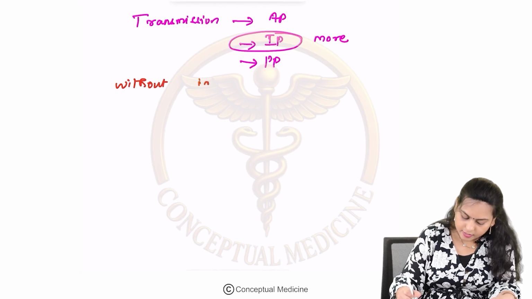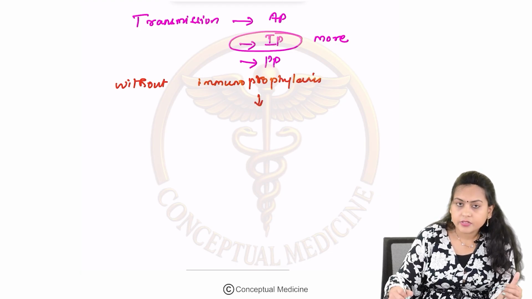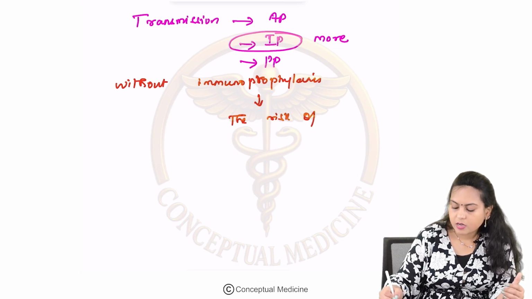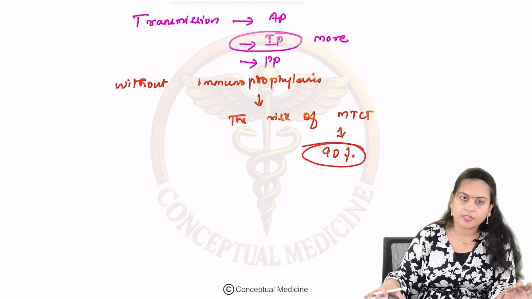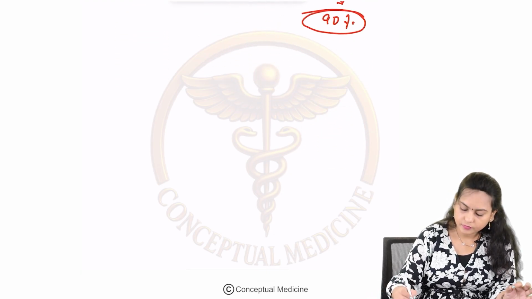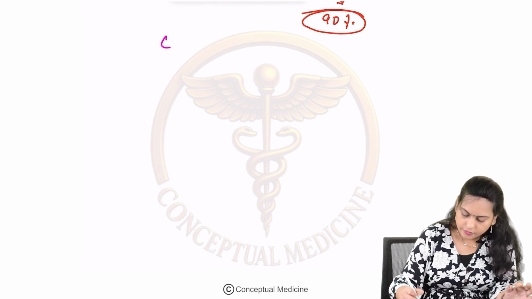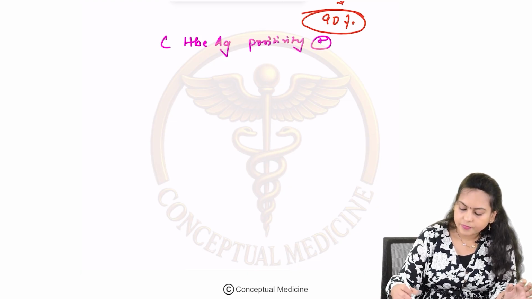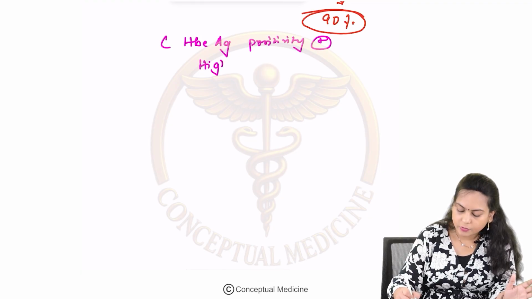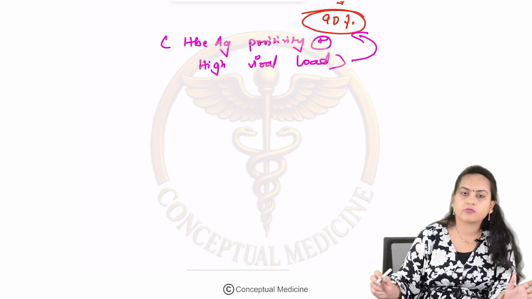Without immunoprophylaxis, the risk of mother to child transmission can be as high as 90%. If there is HBeAg positivity in the mother and there is a high viral load, this transmission risk is more.